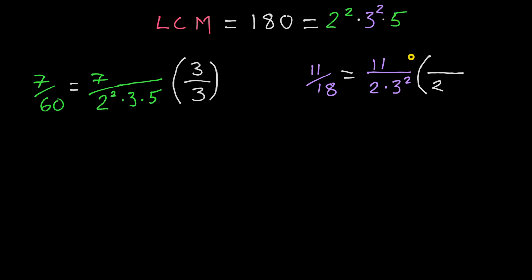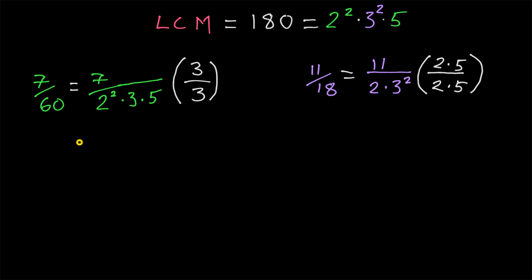Yes, it does. Does it have a 5? No, it doesn't. So you're going to have to multiply by a 5. And obviously the same for the numerator, 2 times 5, because when you multiply any number by 1, and this is 2 times 5 over 2 times 5, so this whole bracket is 1, then that number is the same.